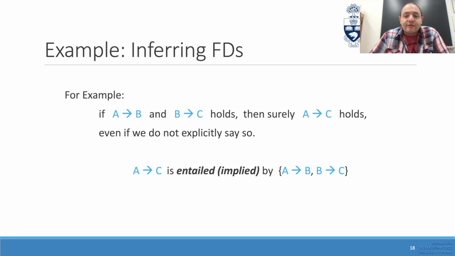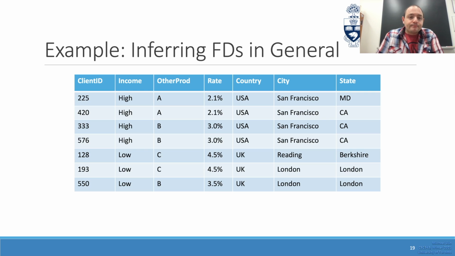It allows us to play with the fact that if we know that this is the case, if this is something that can be inferred, well then we have the ability to split these up. We can join two tables, one that has the columns A and B, another one that has the columns B and C, based on the common attribute B. We can naturally put these tables back together.